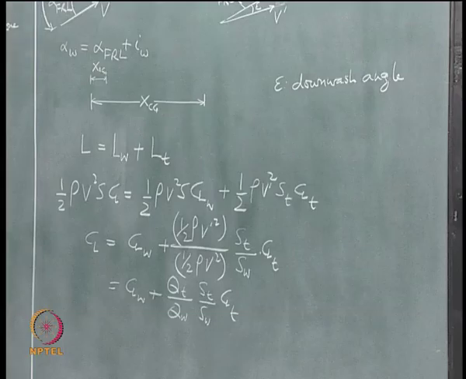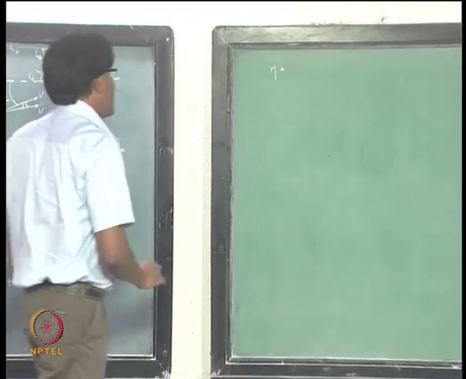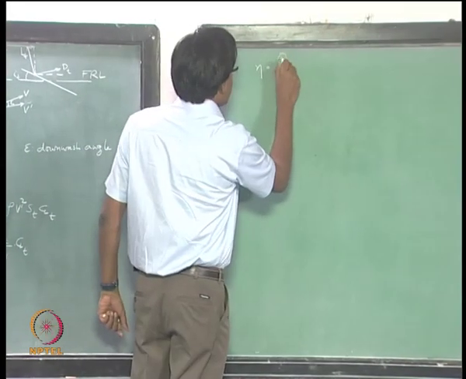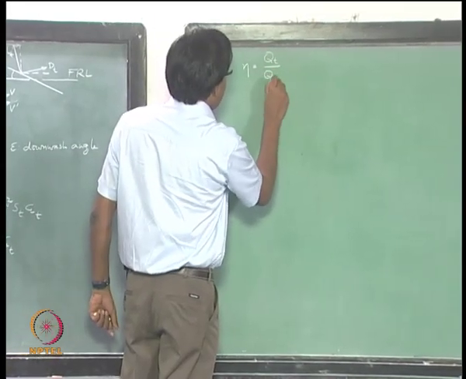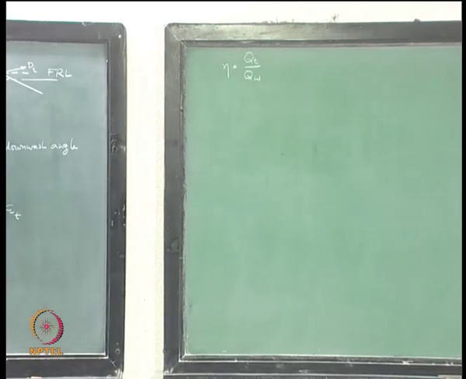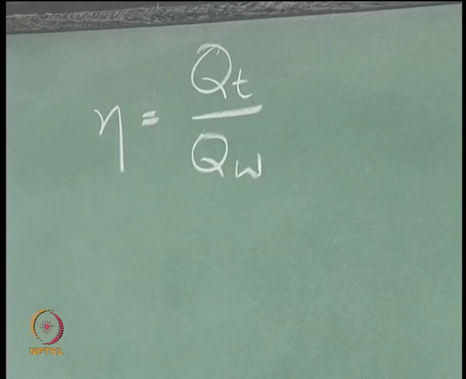The ratio of the dynamic pressures Qt over Qw is also known as tail efficiency. Okay.